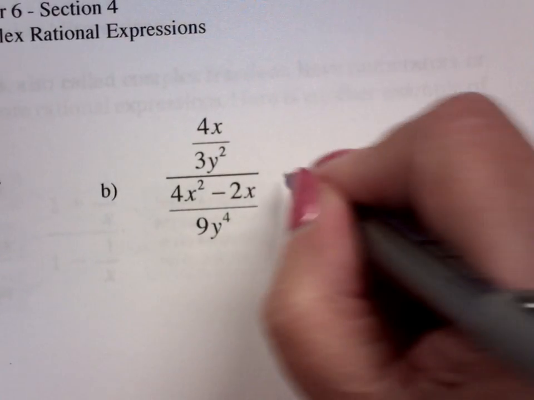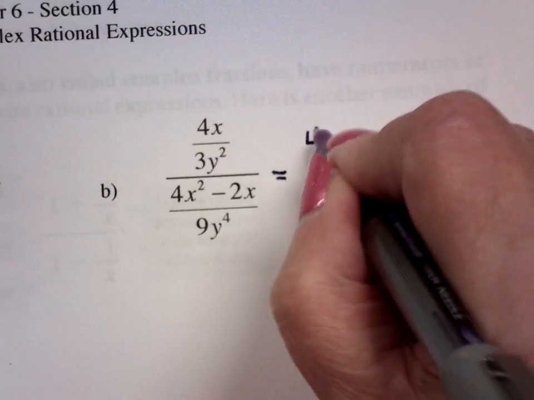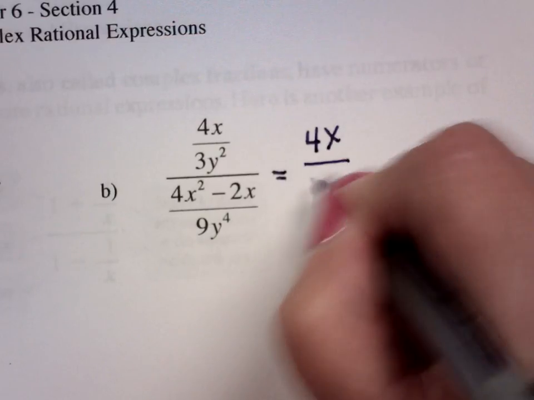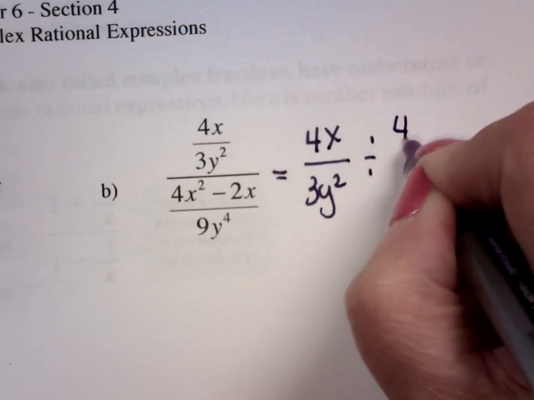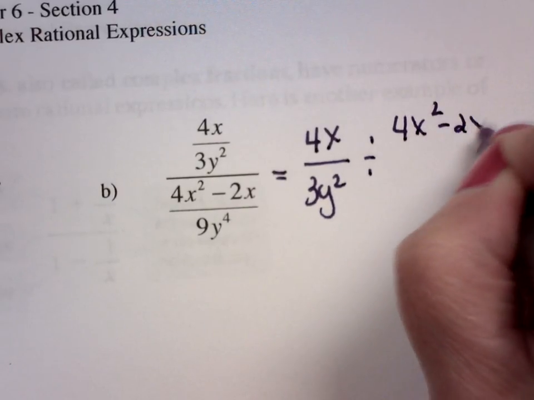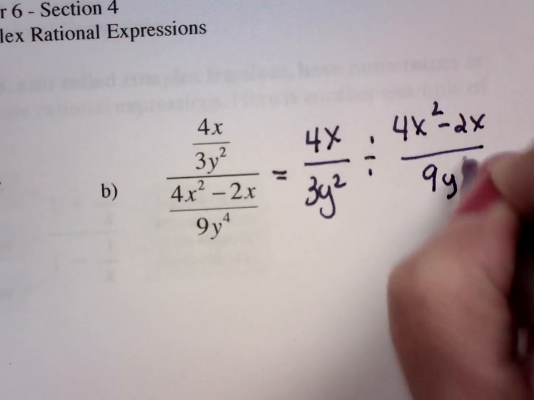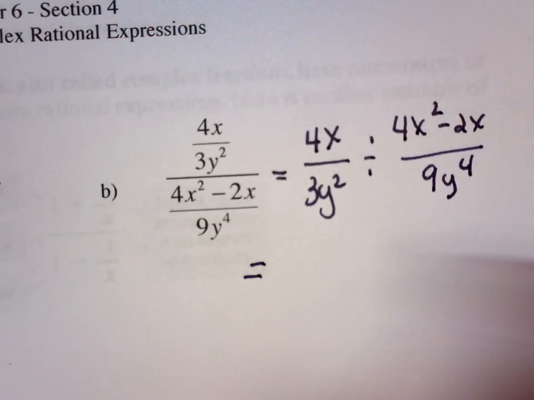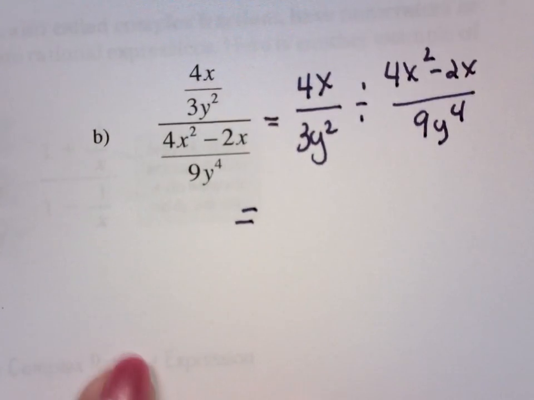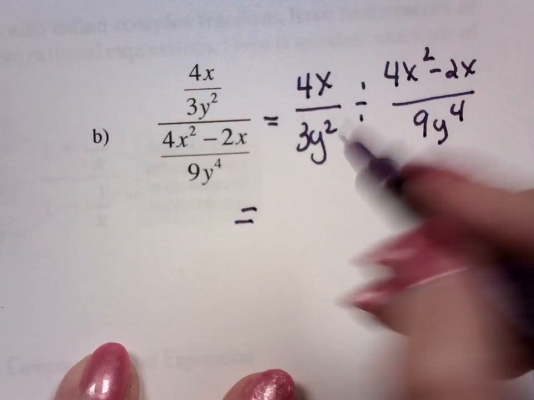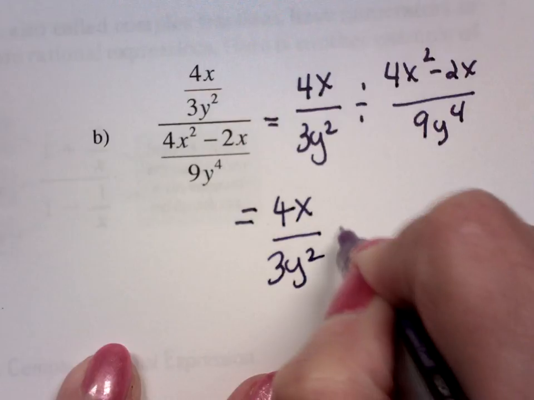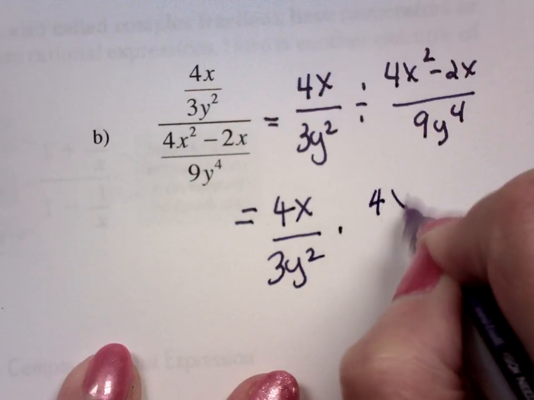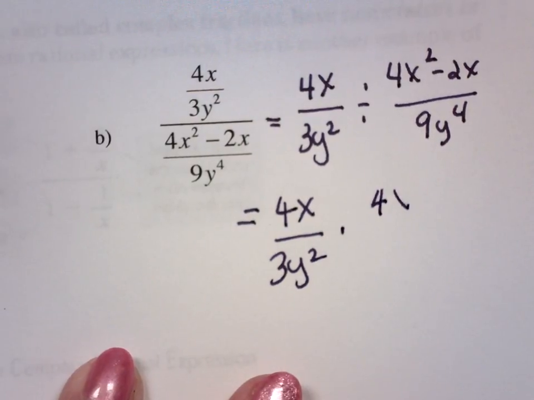So here we go. We know that this is 4x over 3y squared divided by 4x squared minus 2x over 9y to the fourth. So this is a divide, and now we invert and multiply. And let's look at that.